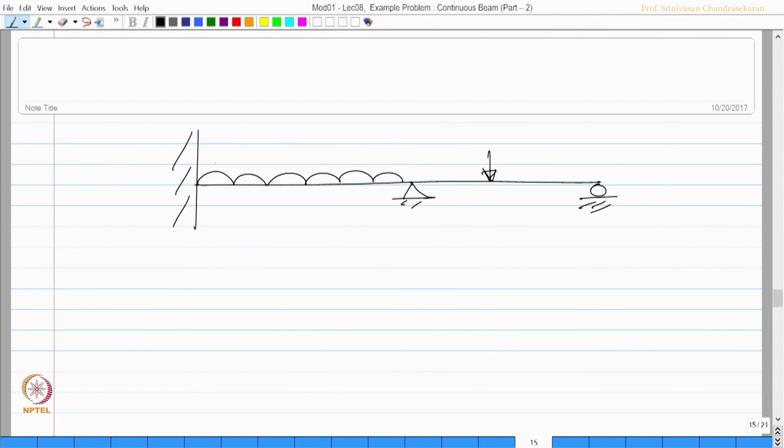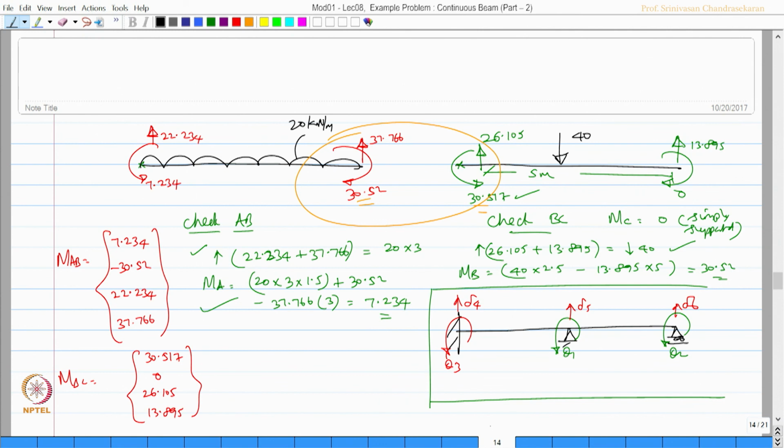The reactions are 7.234, 30.52, 22.234, 63.871, 13.895, because this value will be the sum of these two reactions. Okay.